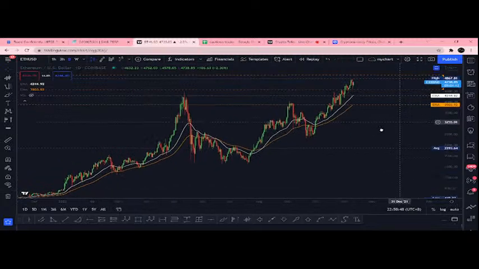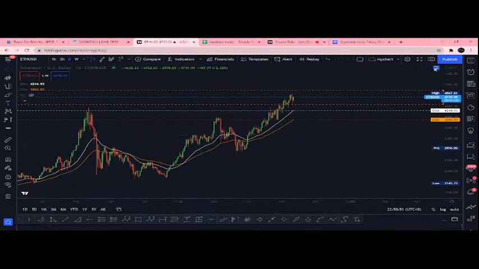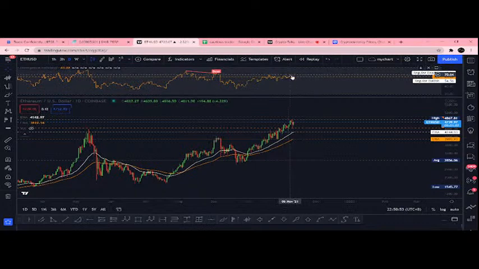Actually, almost the same with BTC. There's actually a bearish divergence over here, but I think this is just temporary.